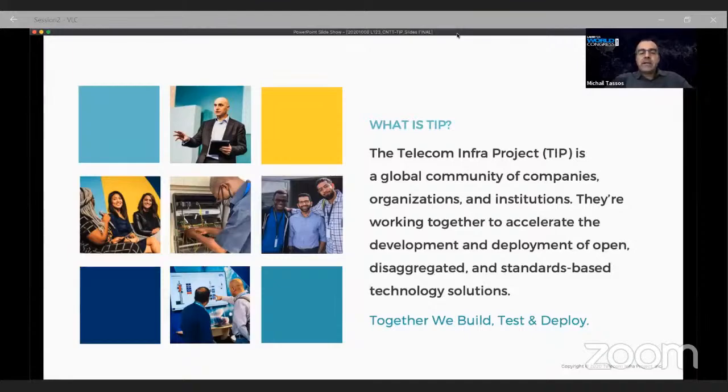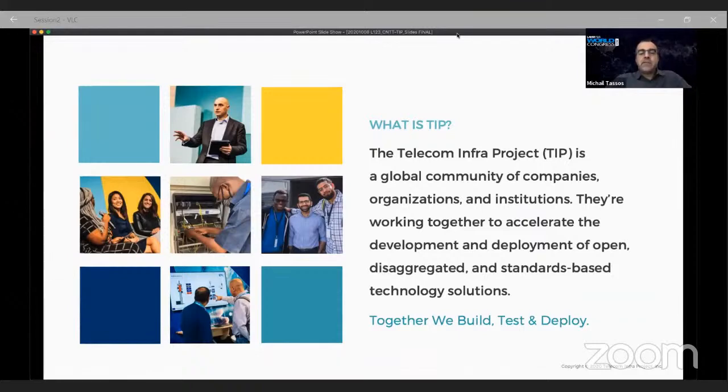So I just want to highlight the part that we are a community. We have a large number of companies, including service providers, technology providers, different institutions, universities, and also a lot of system integrators and other organizations.